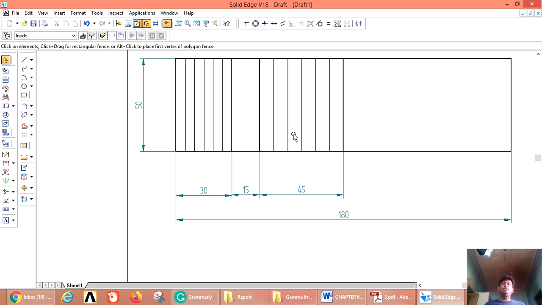This is how I need to divide the outward stroke and return stroke into 6 equal parts. Now let us start labeling.